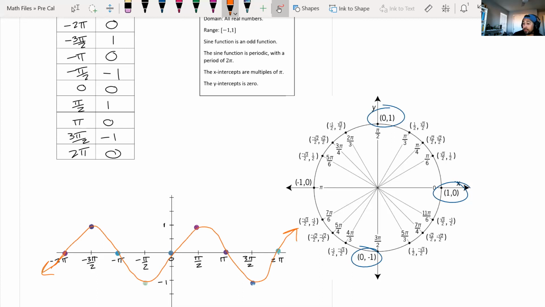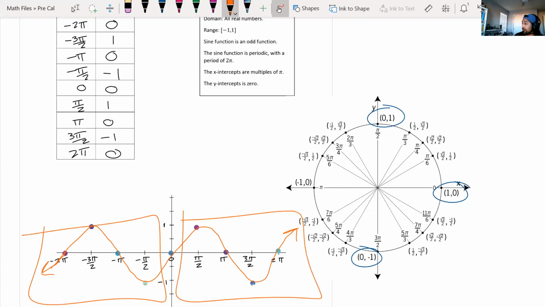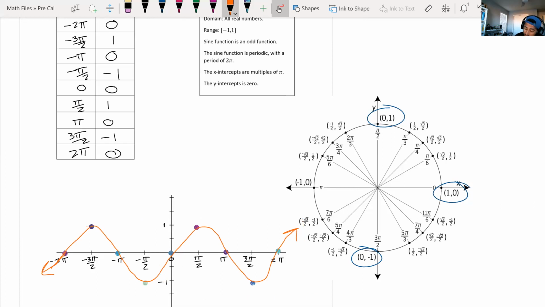My sine function looks like this, showing that it repeats its cycle every 2 pi. If you took this graph and copied it over there, it'd be the same exact thing. And then also showing that the range goes from -1 to 1. So the sine function goes up to 1, down to -1, up to 1, down to -1, infinitely, from -infinity to infinity.